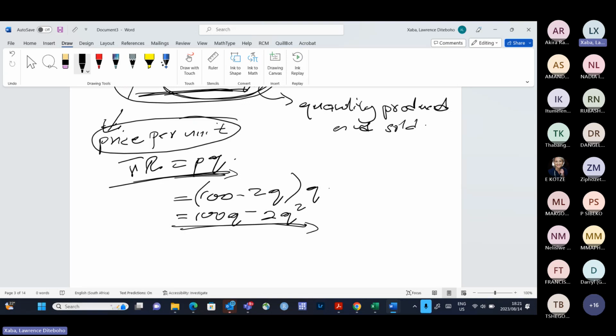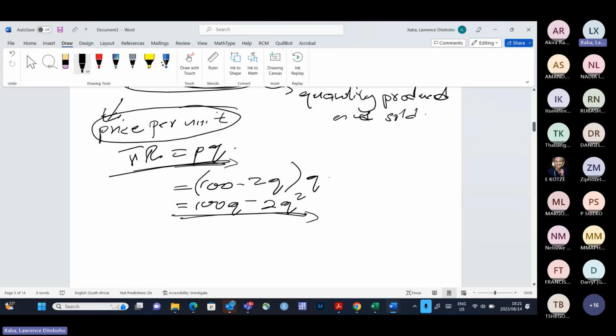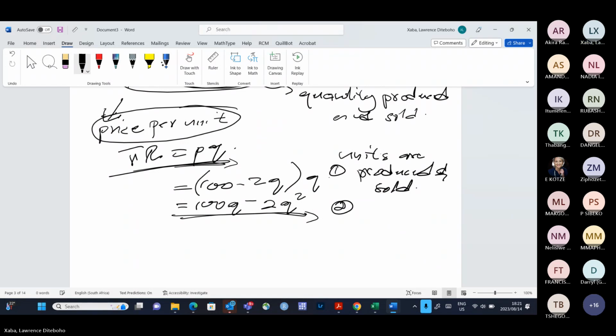The reason is that we are interested in finding two values that will help us: the units which are produced and sold, that's number one, and number two, the total revenue that is made based on the units that are sold.